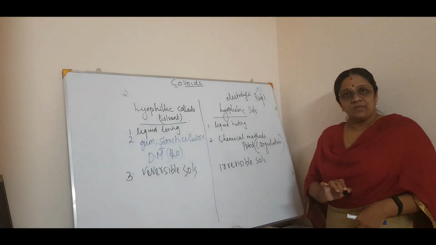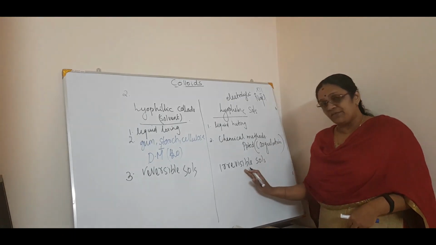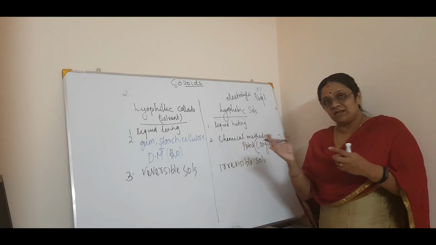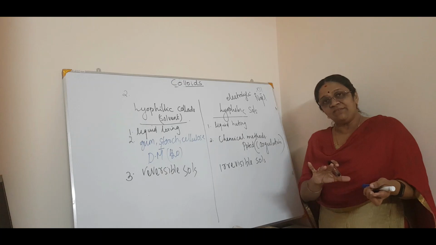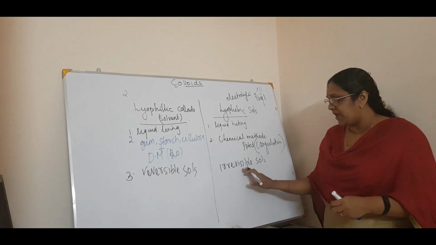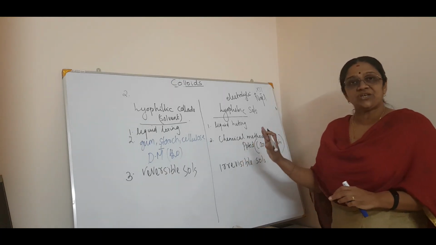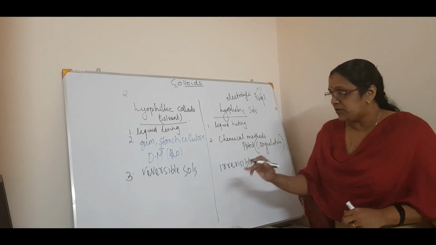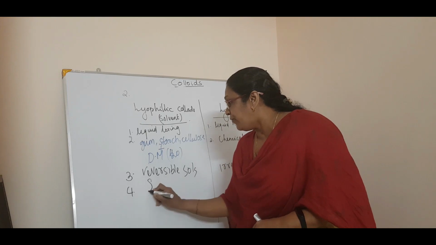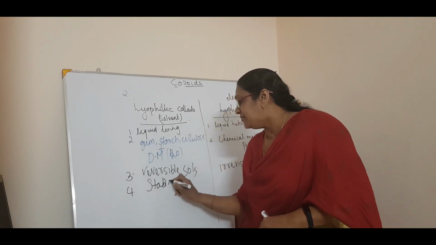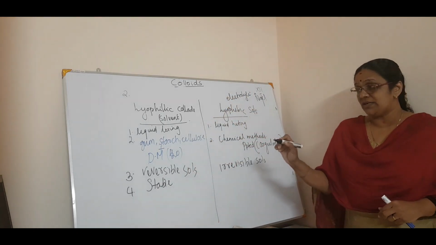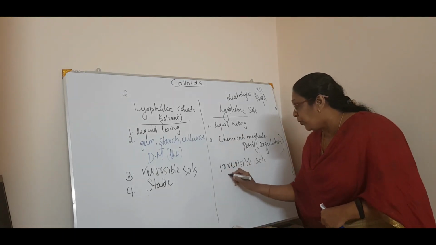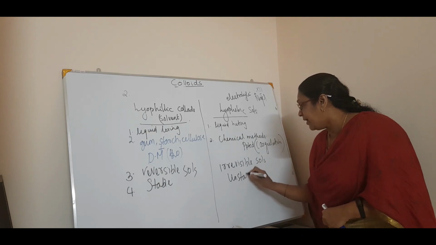Now you got the point. What is reversible and irreversible? Reversible means it can go back to the respective dispersed phase and dispersion medium. Here, once precipitation happens, it cannot revert back. Now the last point is, lyophilic colloids are always stable in nature, but lyophobic colloids are unstable in nature.